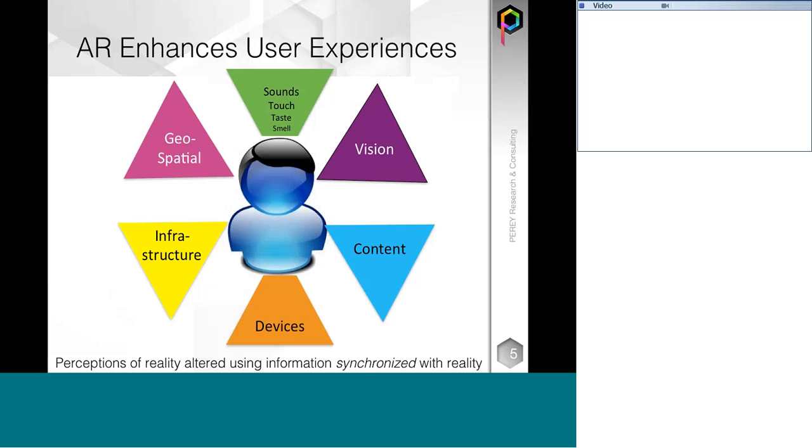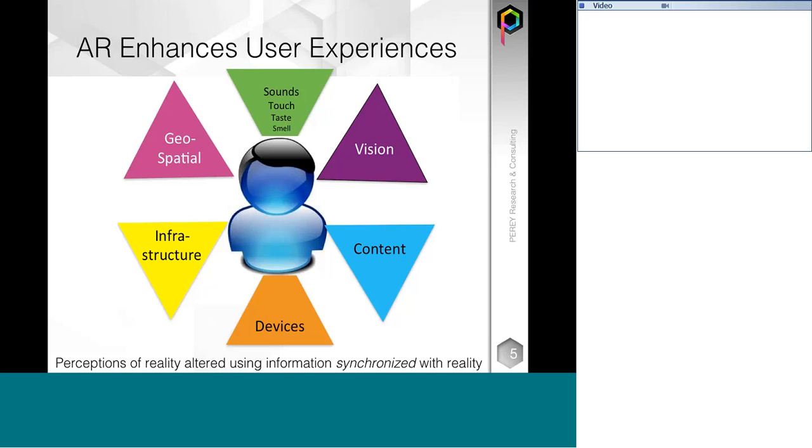So the context is made up of what is around them visually, what their position or their location on the planet sometimes. But in the future, we can also imagine that augmented reality may involve other sensors and senses, human senses. In addition, you have to have content, digital content, and a device on which to present that content in context.